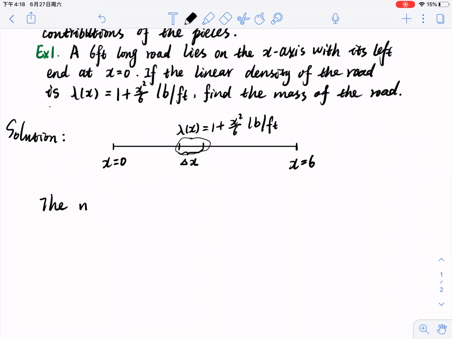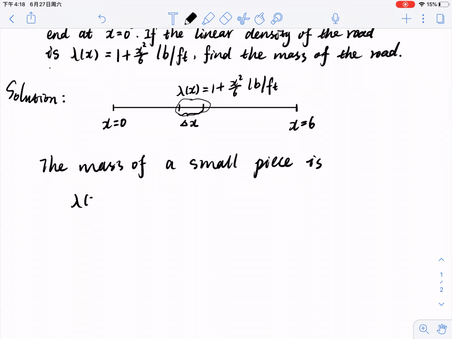So the mass of a small piece is lambda(x) times delta x. So that is (1 + x squared over 6) delta x. Now we add together the mass of all the small pieces.